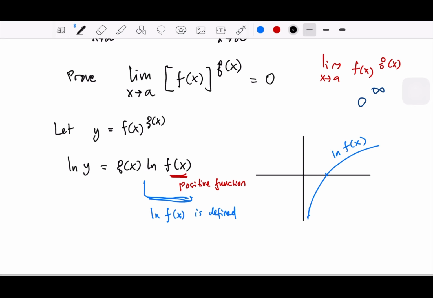Now, if we take the limit of both sides of these equations, we take the limit of ln y.